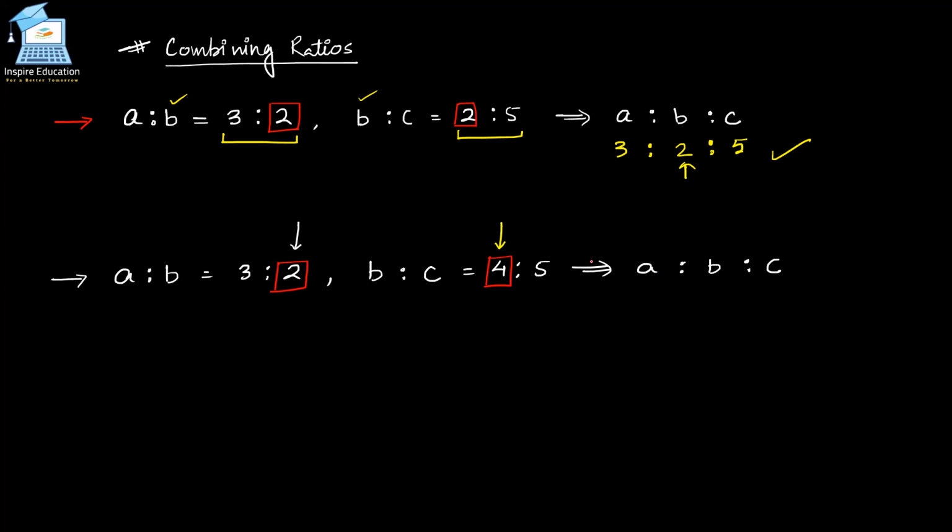So what is the procedure? You can make this 2 into 4. How do we create 4 from 2? We can multiply it by 2 simply. Or else you can make this 4 into 2.